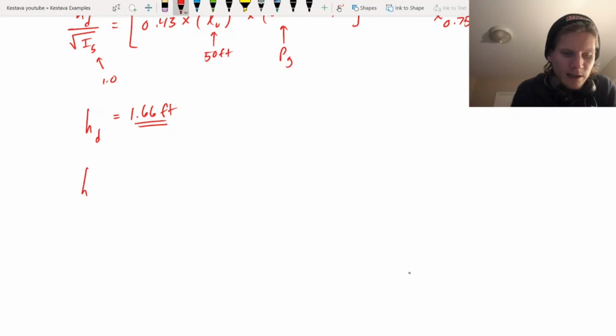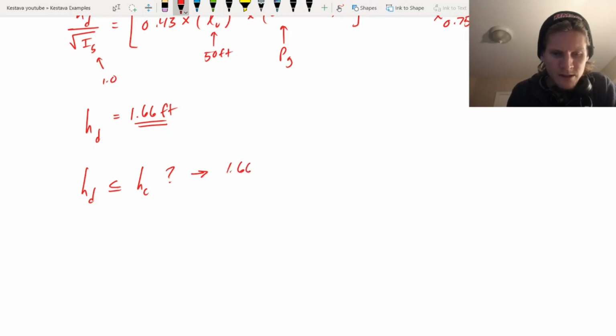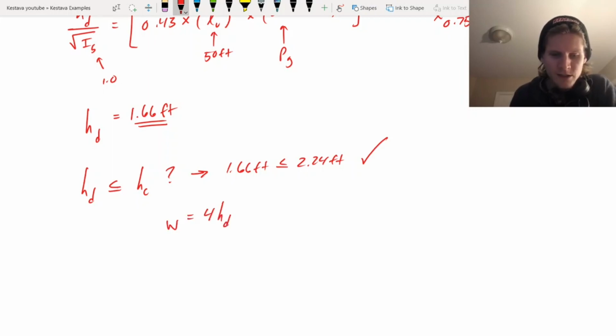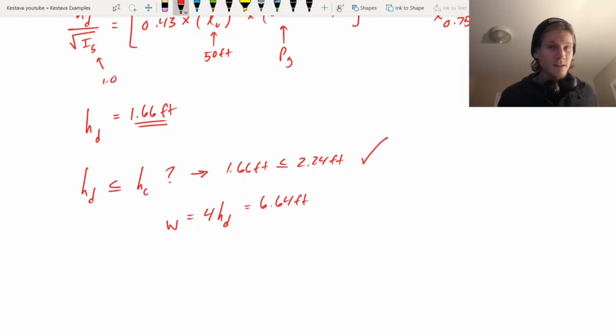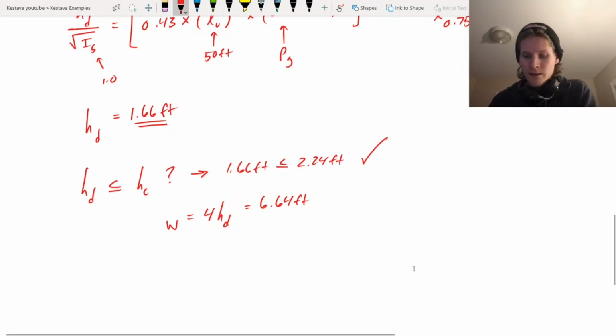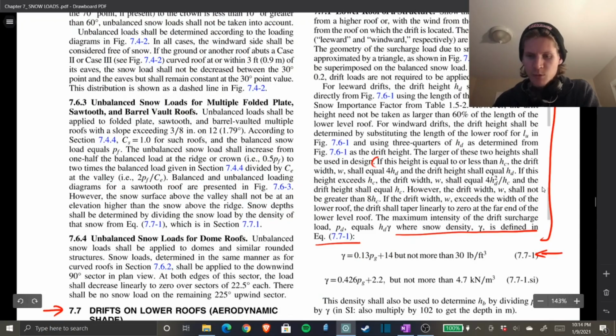So is h_d less than or equal to h_c, that would be 1.66 feet less than or equal to 2.24 feet. That is true. That means that w is going to equal 4h_d, which equals 6.64 feet.